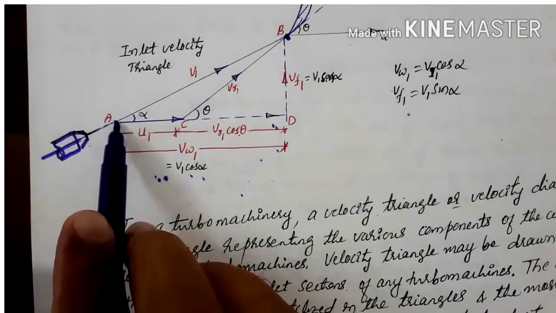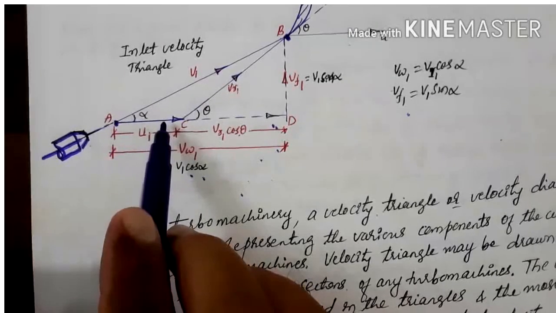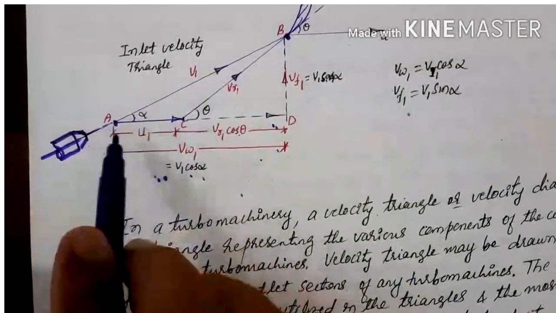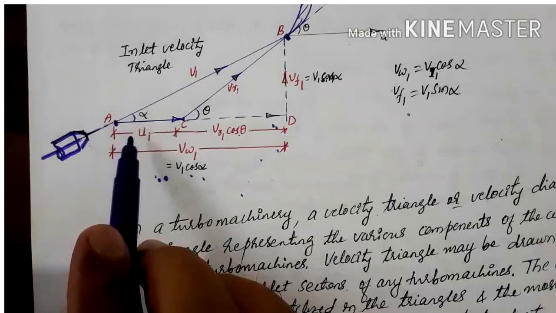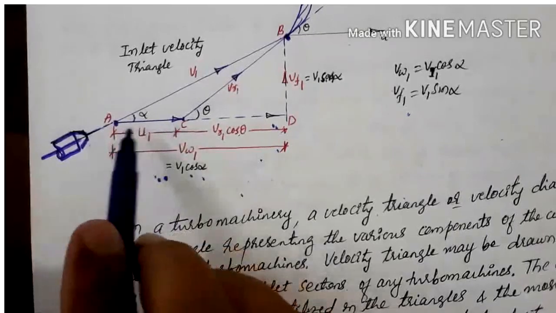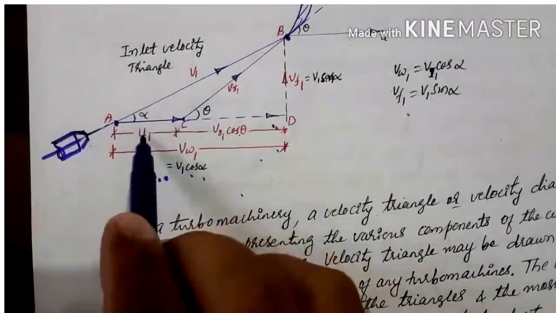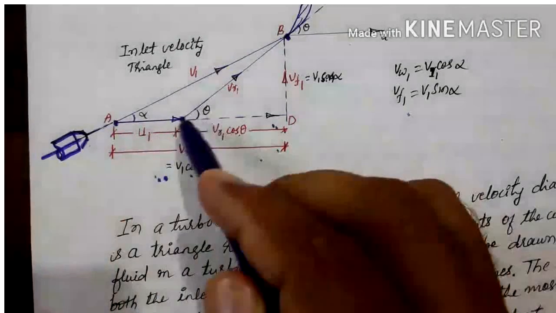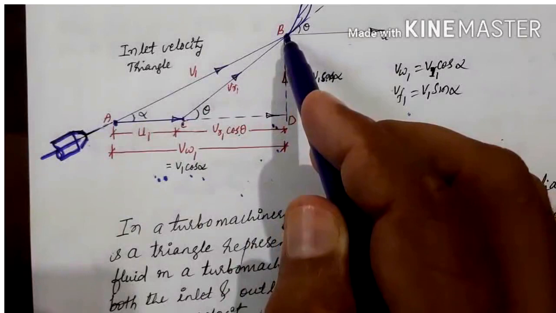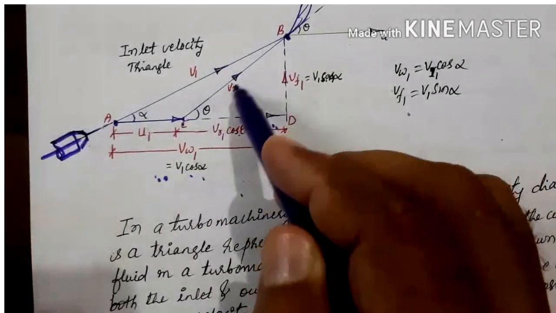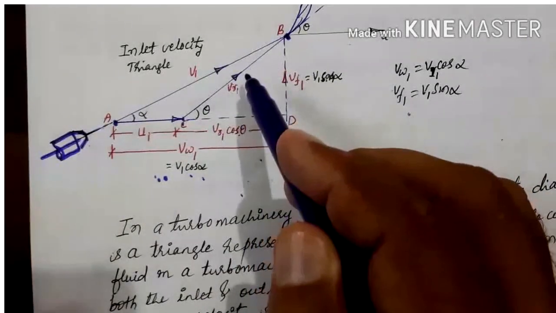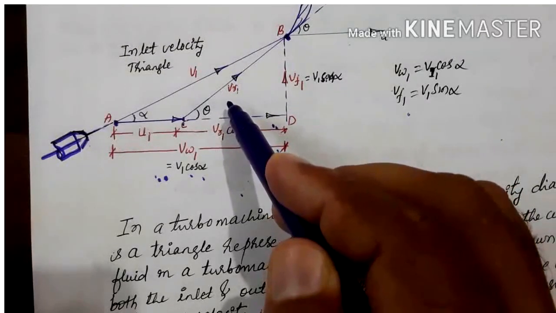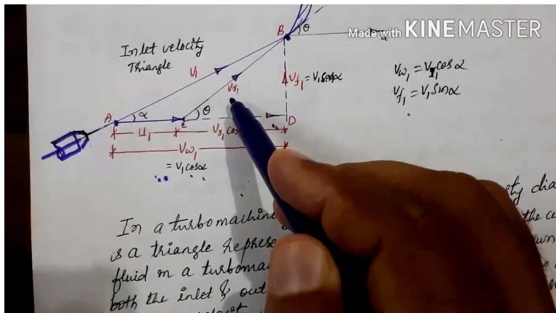So we have kept here the same magnitude and direction. Draw a line AC, and that AC is equal to magnitude U1, and join C to B. CB represents the relative velocity, that is VR1 of the jet at inlet.